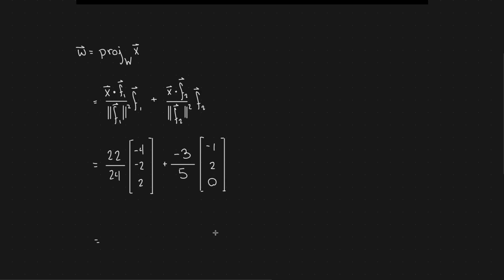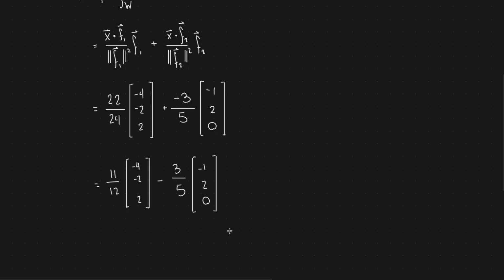Okay, let's do the addition. Let's simplify to the extent that we can. 22 over 24, that's 11 over 12. Do the scalar multiplication. 11/12 times negative 4. Notice I can reduce. I'm going to get negative 22 over 6.